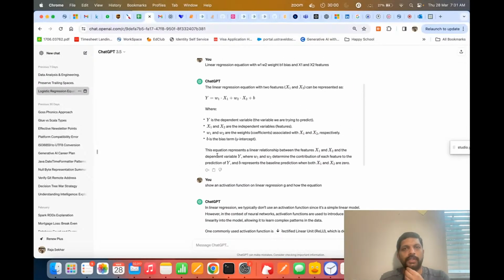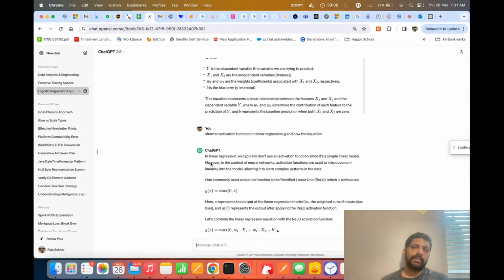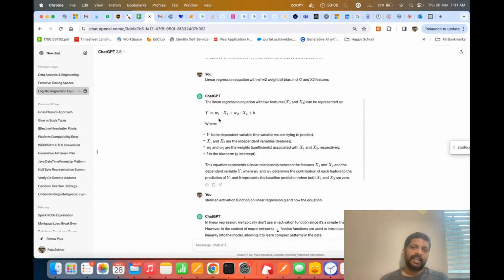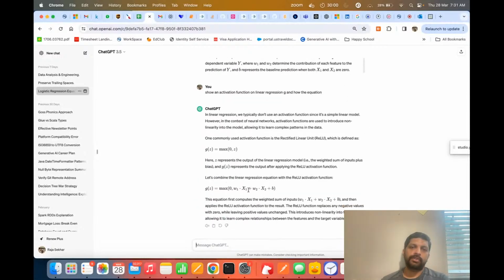So Z is W1 X1 plus W2 X2 plus B. Z is equal to this equation, and to that equation we apply, let me set Z. Z is equal to W1 X1 plus B, and we apply G of Z, that is max of 0 comma Z, the ReLU function. This G is the activation function, and the activation function can be multiple.